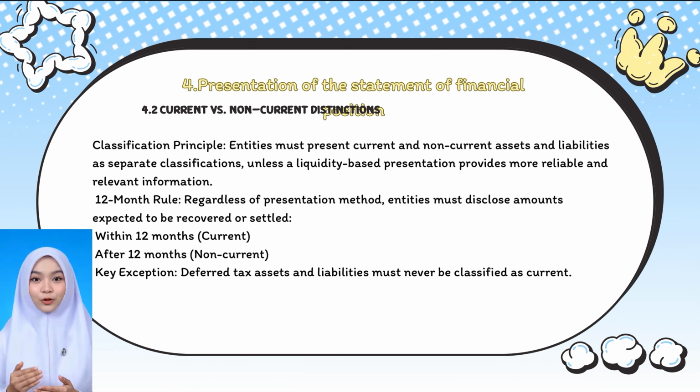Classification principle: entities must present current and non-current assets and liabilities as separate classifications, unless a liquidity-based presentation provides more reliable and relevant information. 12-month rule: regardless of presentation method, entities must disclose amounts expected to be recovered or settled within 12 months as current, and after 12 months as non-current. Key exception: deferred tax assets and liabilities must never be classified as current.